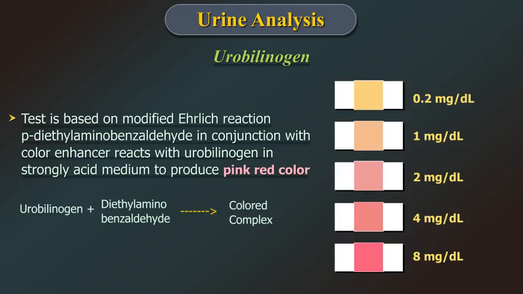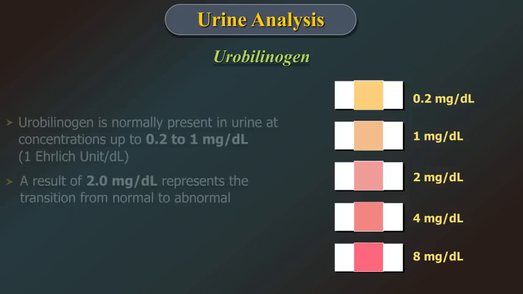Urobilinogen. The test is based on a modified Ehrlich's reaction in which p-diethyl amino benzaldehyde in conjunction with a color enhancer reacts with urobilinogen in a strongly acidic medium to produce a pink-red color.